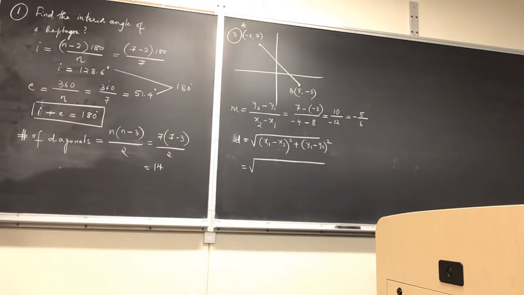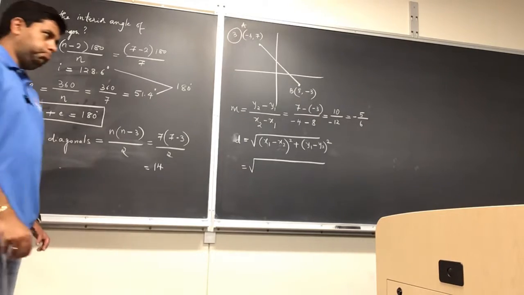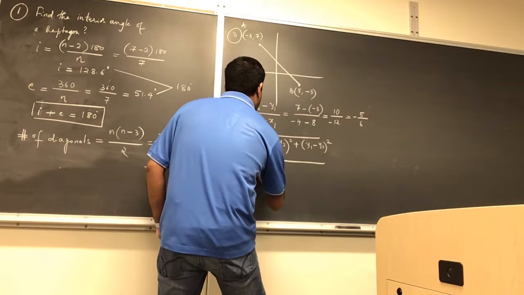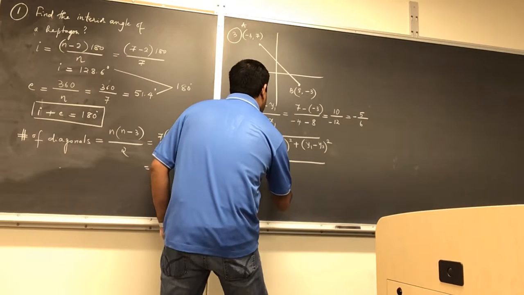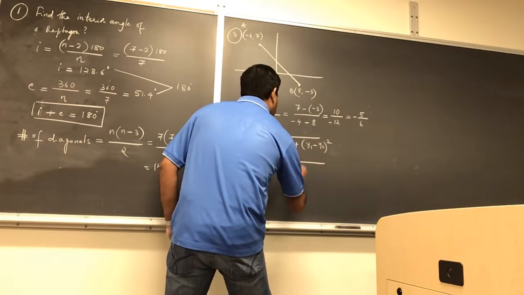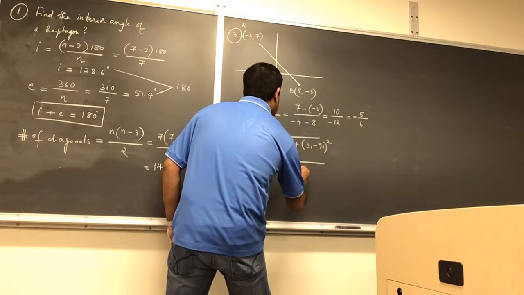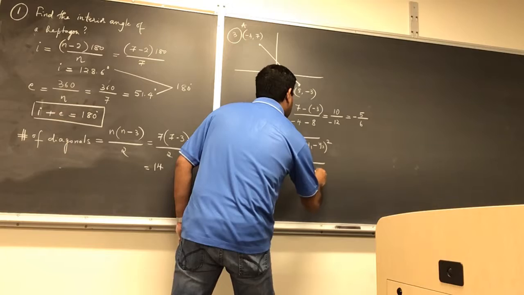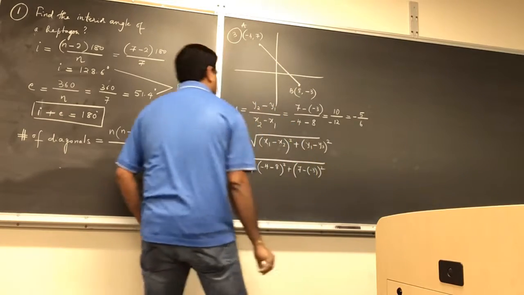The formula is the square root of (x1 minus x2) squared plus (y1 minus y2) squared. So it'll be minus 4 minus 8, squared, plus 7 minus negative 3, squared.